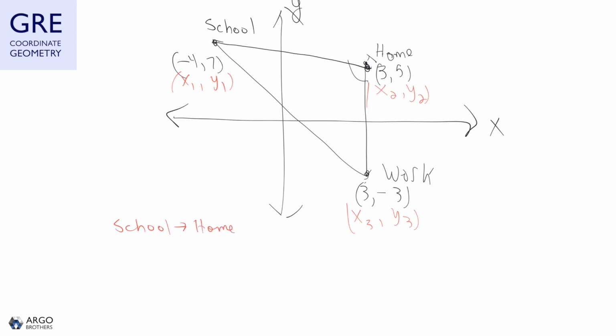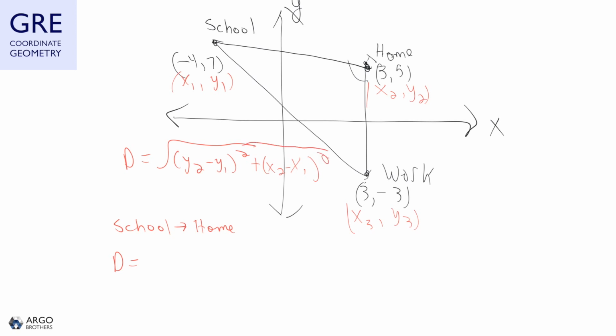Well, we would use the distance formula. So d equals, and I'll write the distance formula here for reference since we're learning it for the first time. So y2 minus y1 squared plus x2 minus x1 squared. And all of that's under the radical sign. Okay, so what is that distance?